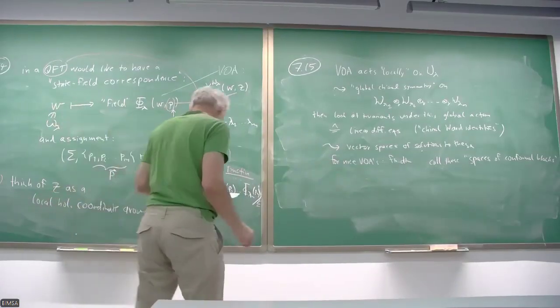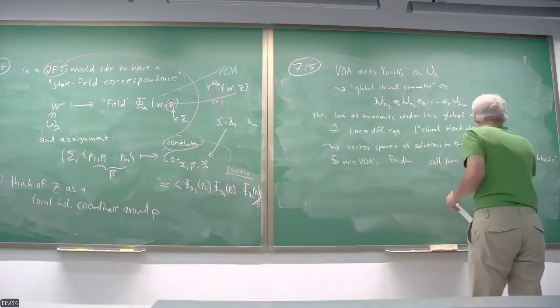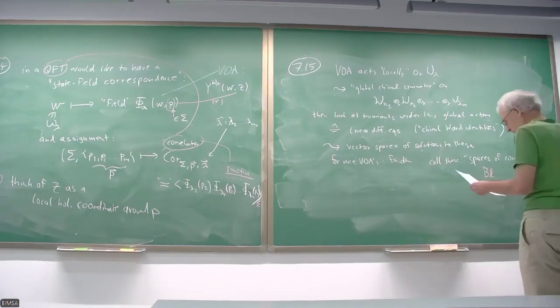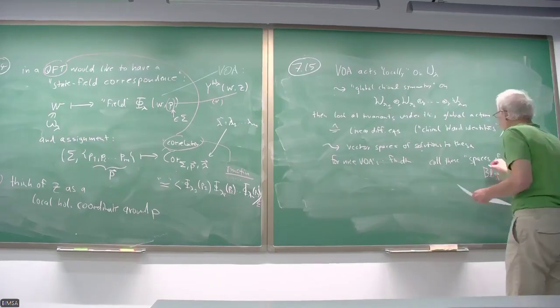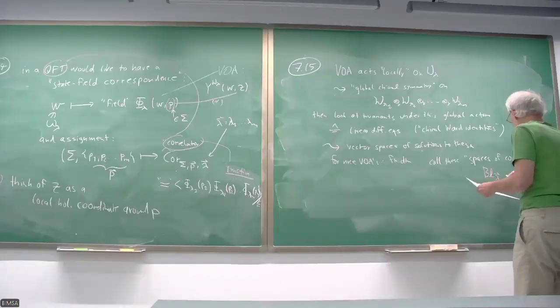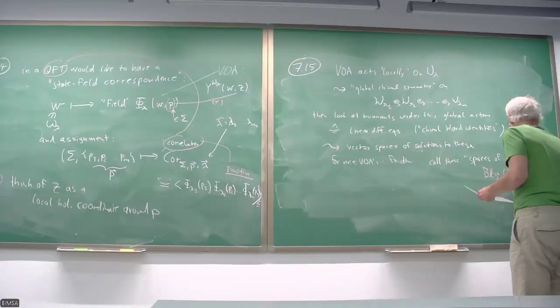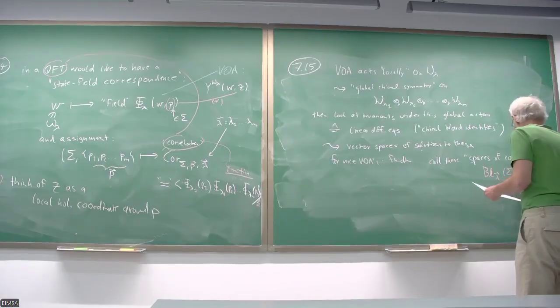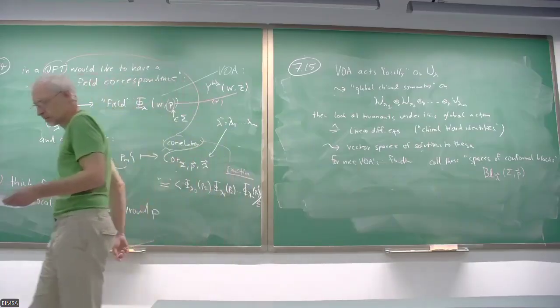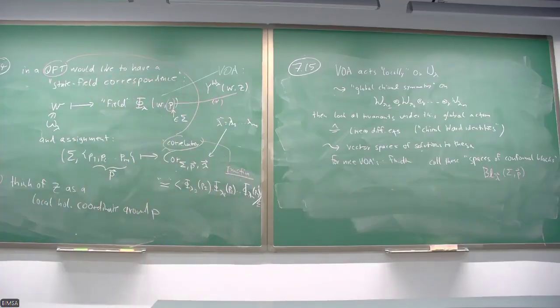And we denote this by B, for block. And this is a Roman B, index lambda for the labels of the modules, and then this will depend on the surface and on the positions.